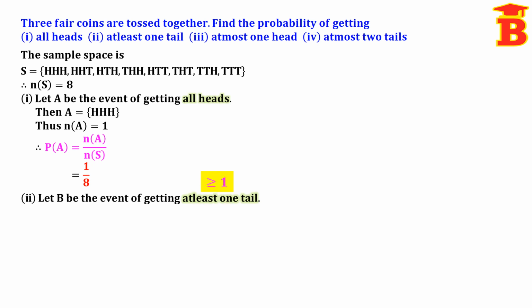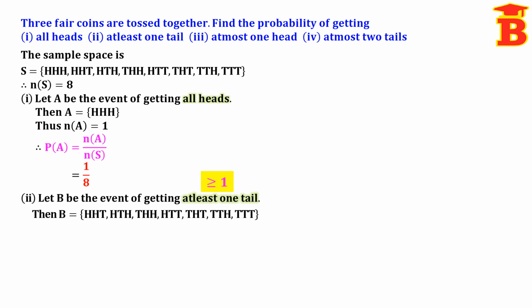We have to take greater than or equal to one tail. That is, take one tail and then two tails and then three tails. So start from here, one tail, you write till the end. That is HHT, HTH, THH, HTT, THT, TTH, TTT.